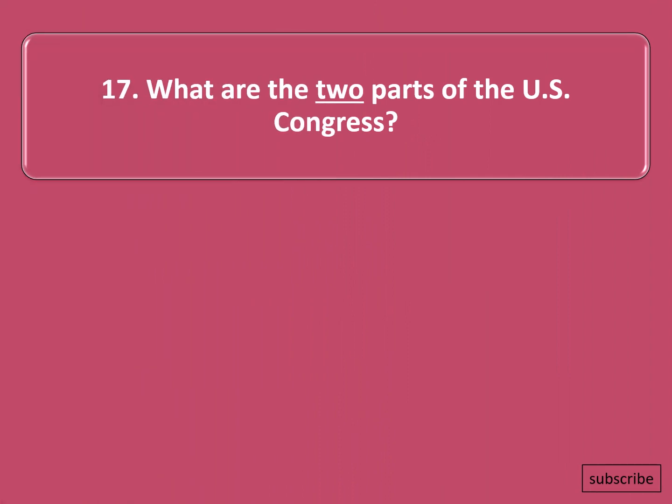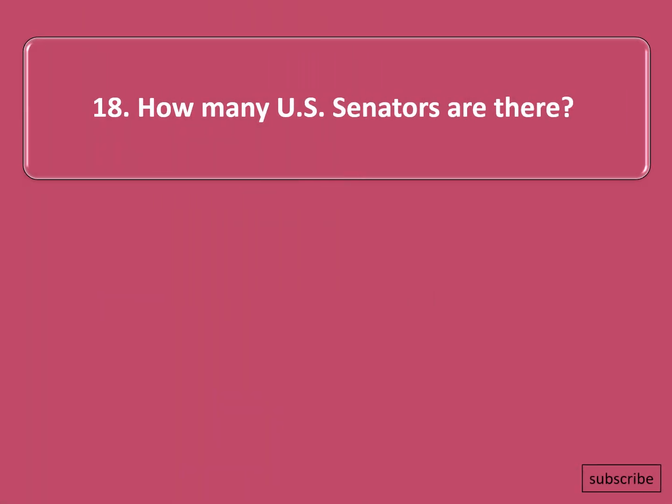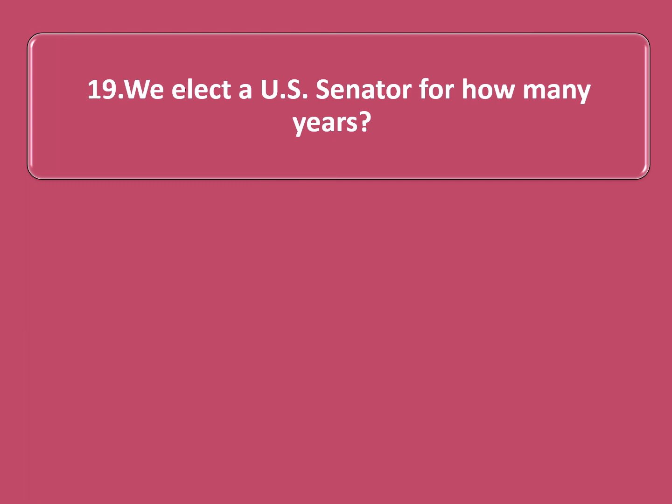What are the 2 parts of the U.S. Congress? The Senate and House of Representatives. How many U.S. senators are there? 100. We elect a U.S. Senator for how many years? 6.